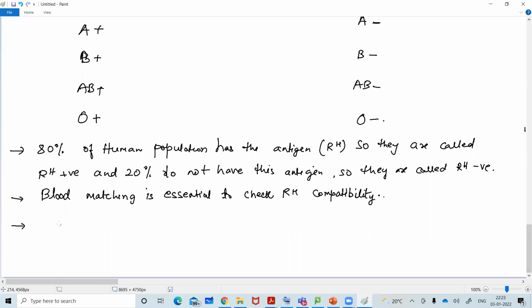Next point, you can say that antibody against Rh antigen is generally not present. That's why it becomes very easy to give negative blood to the positive one.